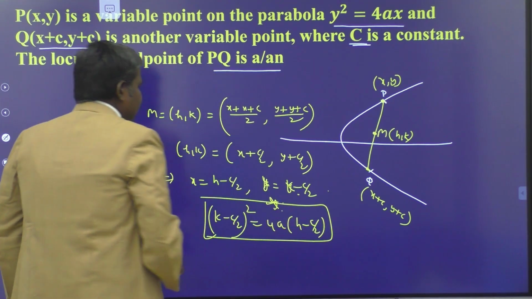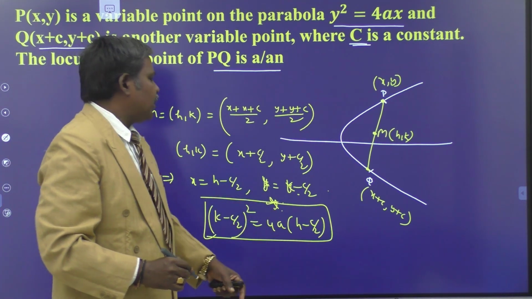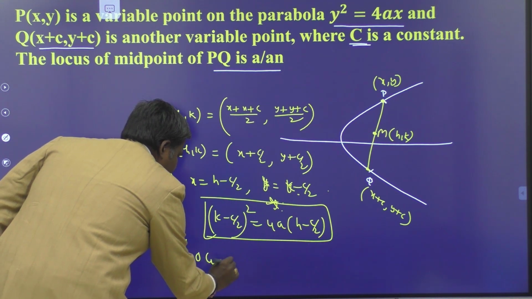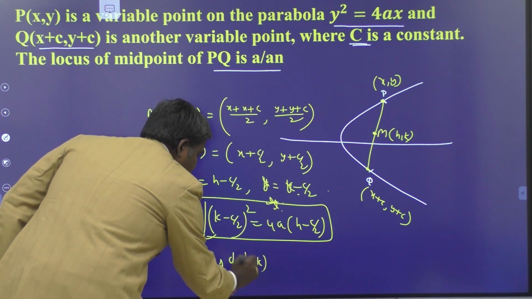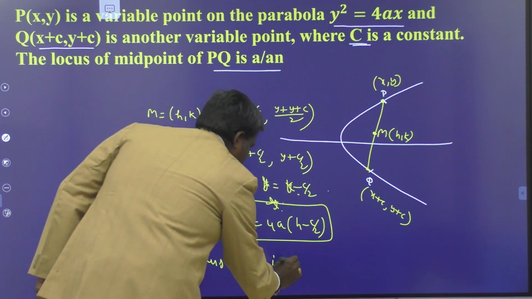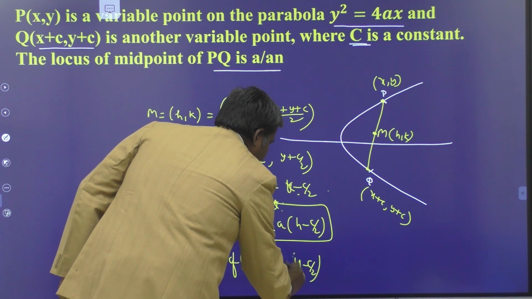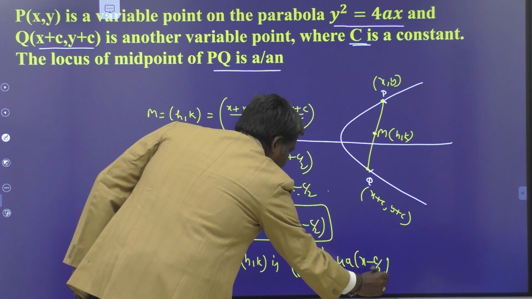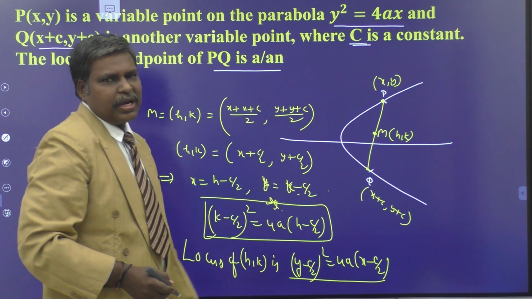So this is the condition on h comma k. Can we write the locus of h comma k or not? Yes. The locus of h comma k is y minus c by 2 whole squared equals 4a times x minus c by 2. Is it a parabola or not?